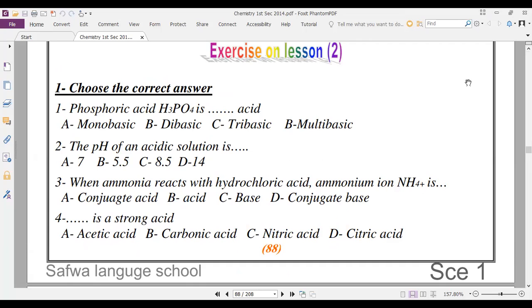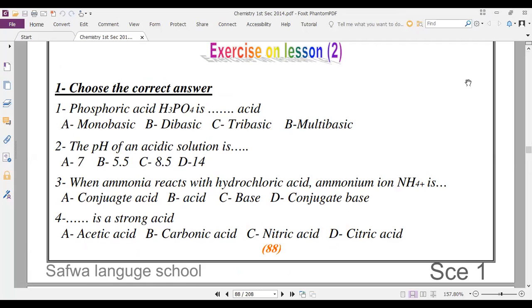Okay, question number 1. Okay, Mariam, go. Tri-basic. Phosphoric acid H3PO4 is tri-basic because it has 3 hydrogen atoms. Okay. Number 2, it will be 5.5.